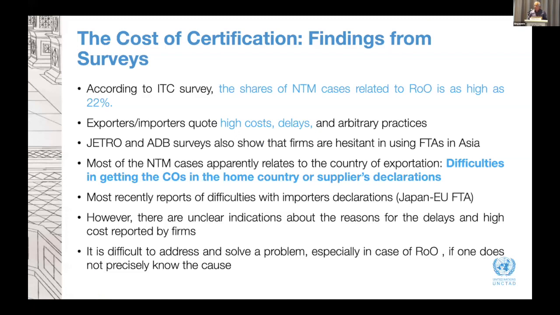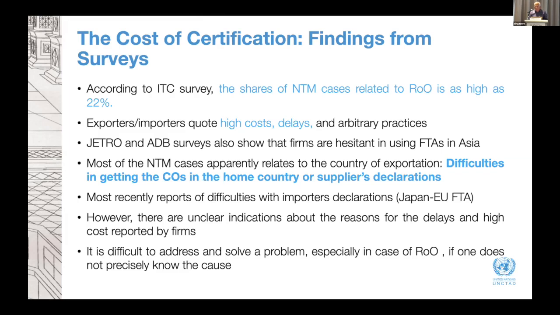Proving rules of origin, according to surveys done by ITC, the International Trade Center, is one of the most formidable non-tariff measures, what is really an obstacle or perceived as a cost by firms.